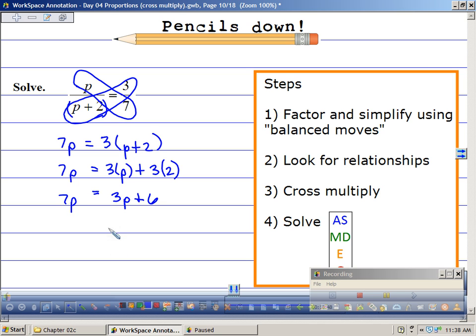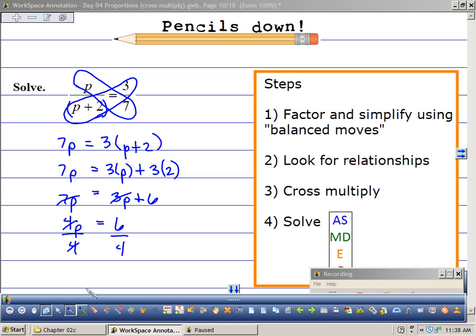Couldn't I take 3p off of both sides? Didn't I take 3p off of both sides? And when I took 3p over here, I was left with 4p. Right, Andrew? So now what do I do? Divide by 4. Thank you, Frankie.